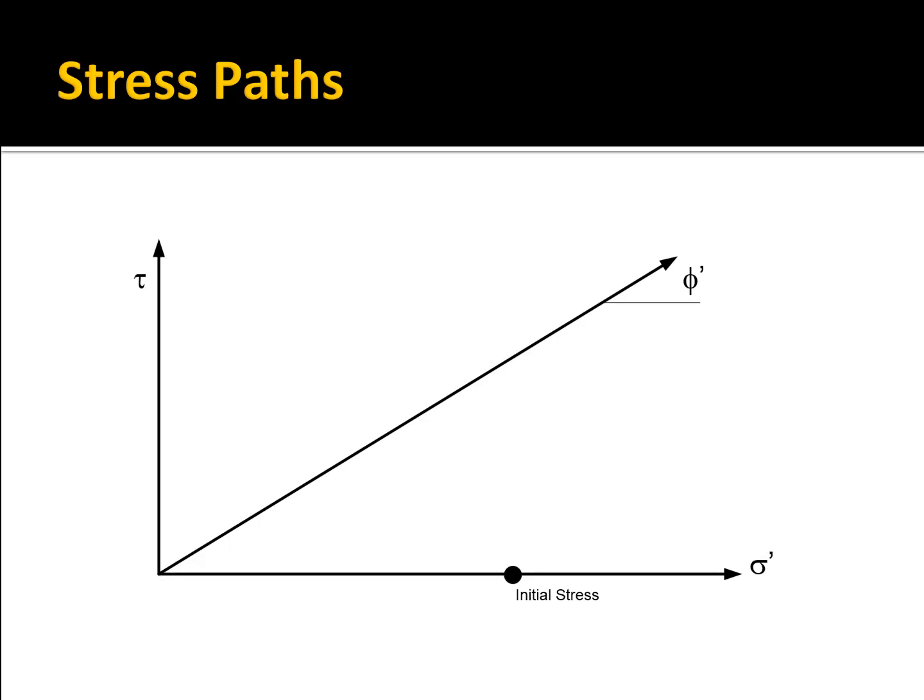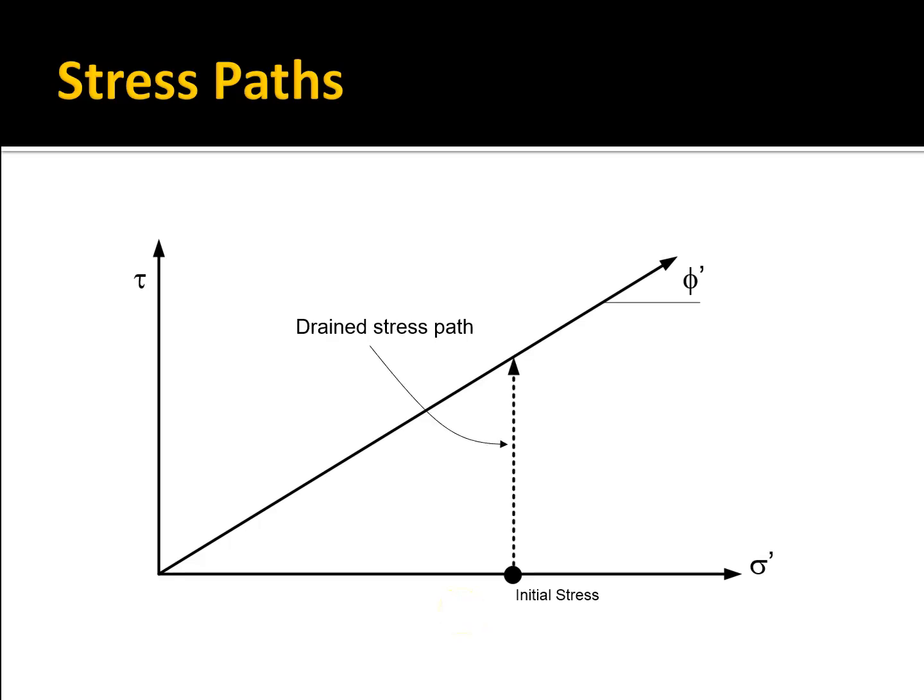All right, another thing that is really interesting to look at is called a stress path, and that is how these stresses change once you start applying a load. So let's suppose, for the sake of argument, that you're doing a direct shear test, and when you first begin the test, the effective stress is right here where it says initial stress, and then you begin to apply shear by sliding those plates across one another.